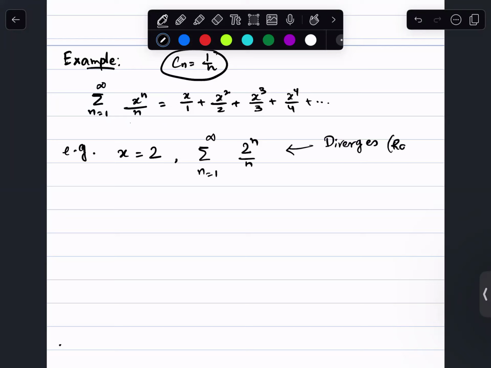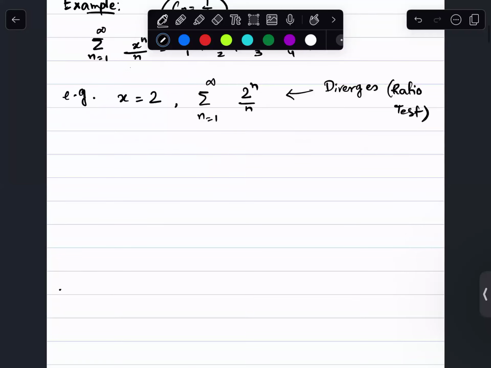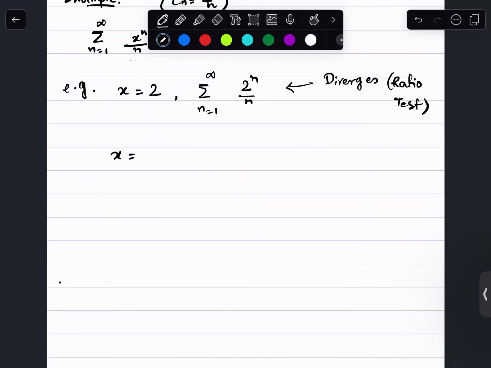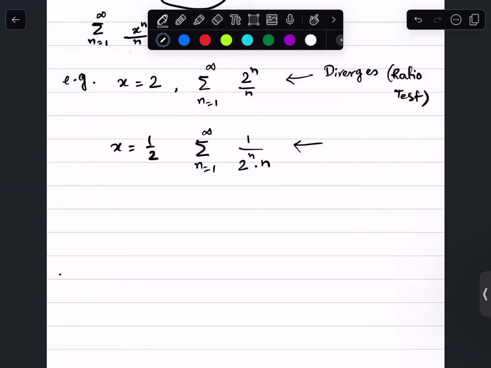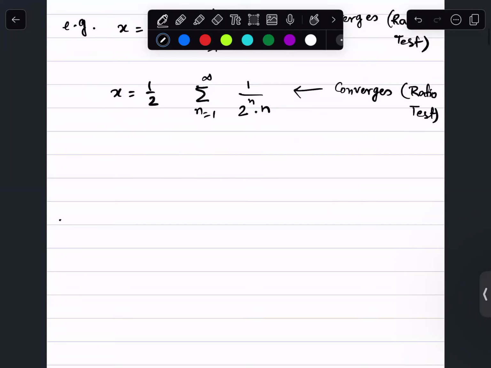You can do the ratio test to conclude it. What if I take x to be half? Then the summation n equal to 1 to infinity of 1 over 2 to the n times n is a series, and this series converges. Again, you will need to do the ratio test to confirm that.